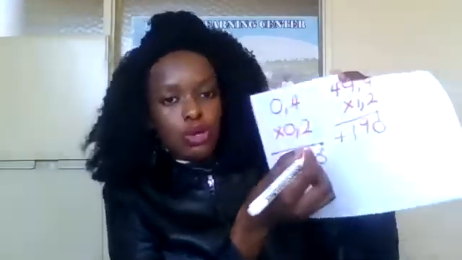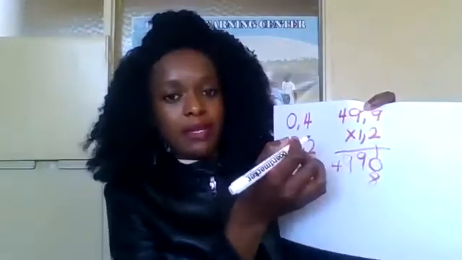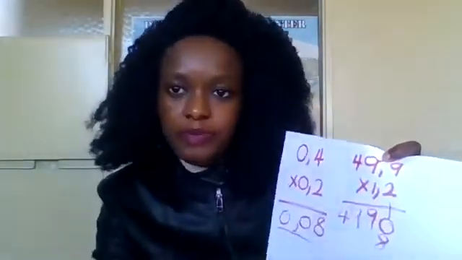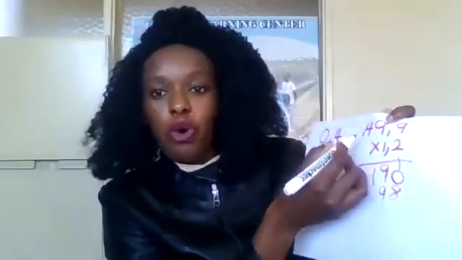Then we come to 2. We multiply by 2. 2 times 9, it's an 18. 8, we carry 1. Then we say 2 times 9 again, that's 18. 18 plus 1, it's a 19. 9, carry 1. 2 times 4, it's an 8 plus 1, 9.